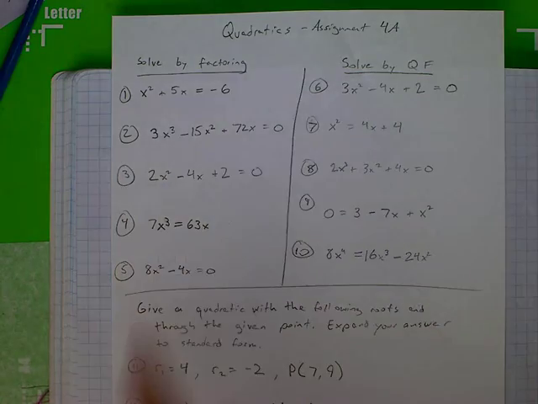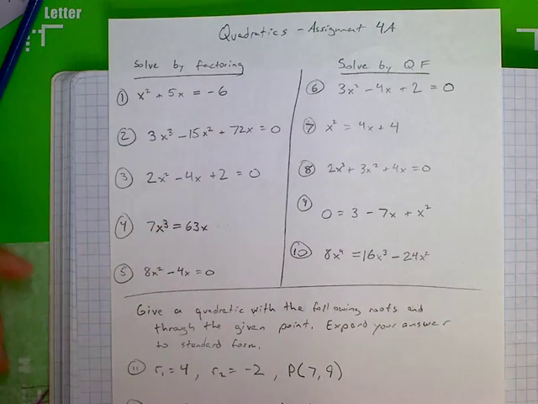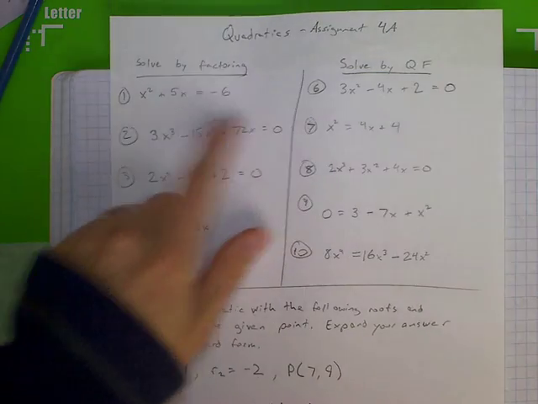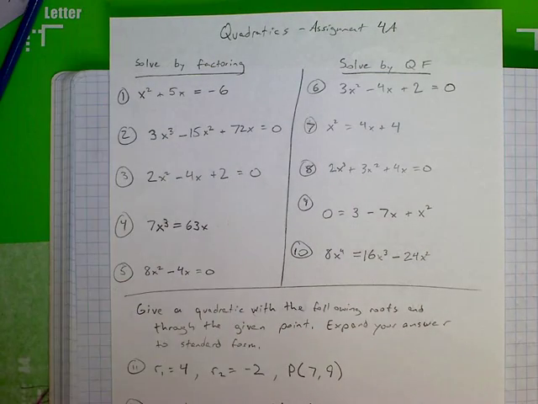What's always a good first thing to look for when you factor? First we should look for common factors. So move everything to one side so that it's set equal to 0. Then before you start trying to factor it out, first look for common factors. That's a good starting place. And then go from there. Okay? Go.